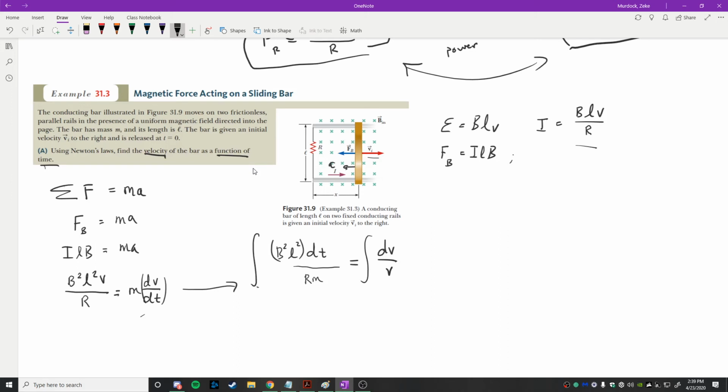On the left-hand side, we're going to integrate from time equal to 0 up to some time that I'm going to call t prime. On the right-hand side, it starts from an initial velocity v_i, and we want velocity as a function of time, so we're going to go up to some arbitrary v prime, right? I mean, eventually it's going to stop, but if we put v to 0, we'll be left with no variables left over.